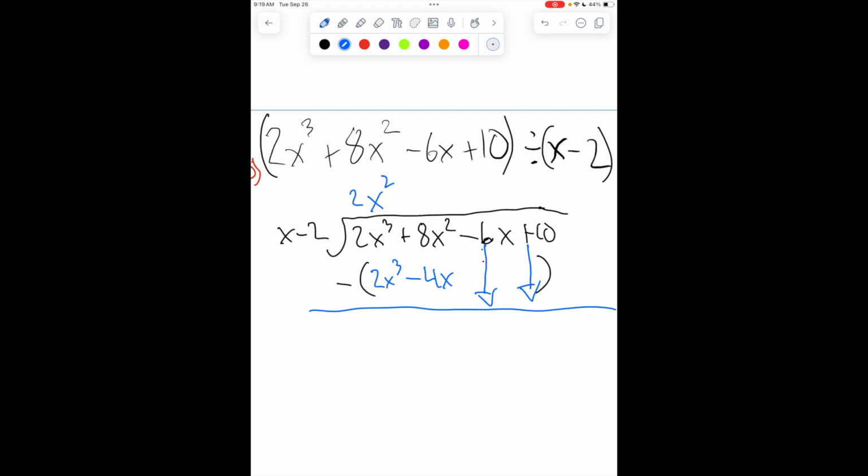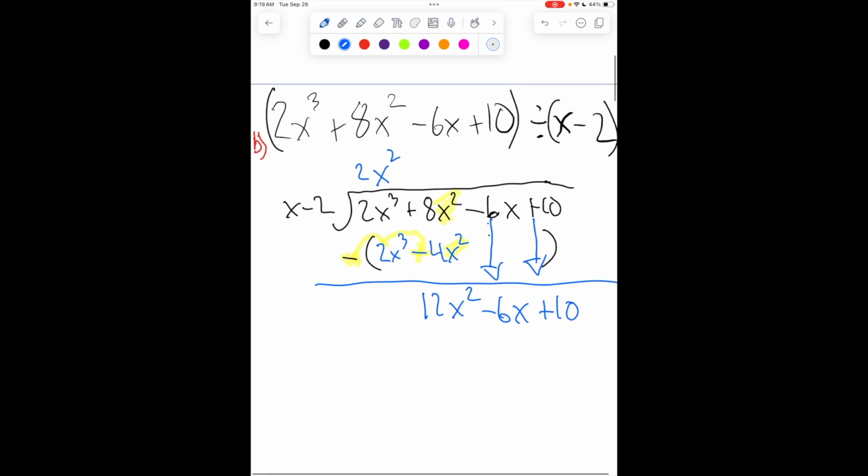So 2x squared times x is 2x to the third. Negative 2 times 2x squared is negative 4x squared. Now, because they both have x squared and x squared, I can combine them, but this negative sign gets distributed, and this actually turns into a plus sign. So I'm going to get positive 12x squared. Bring these other terms down, minus 6x plus 10.